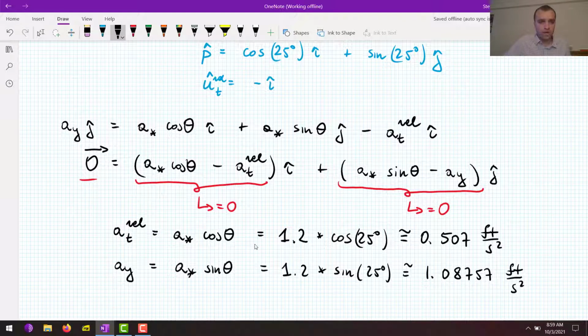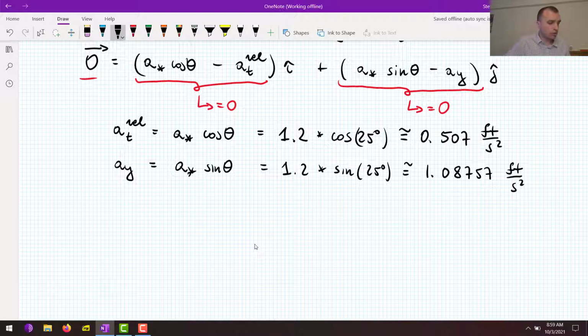We found every single acceleration in our system, right?